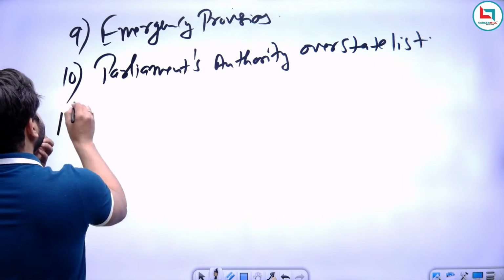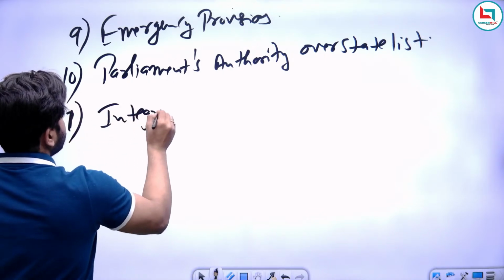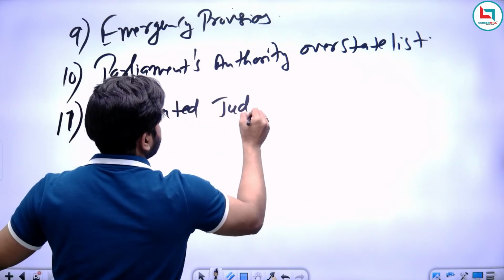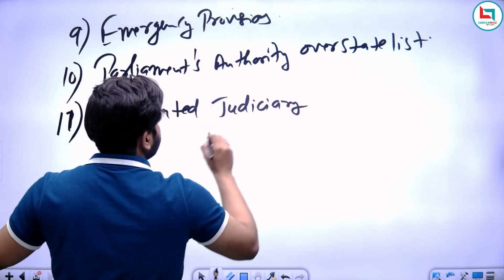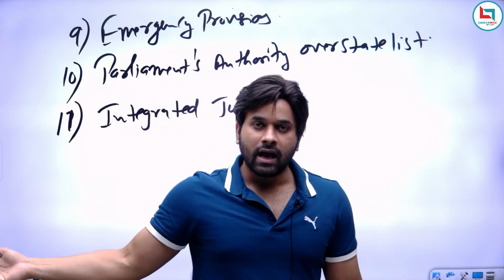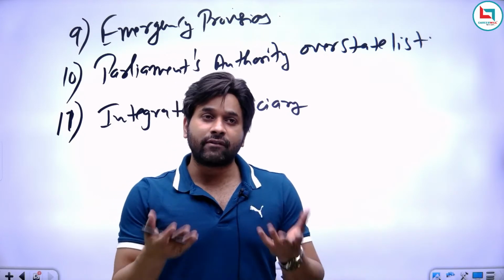Then the 11th feature is integrated judiciary. Why integrated judiciary? We do not have separate judiciary for the center and for the state. I mean, for central law we do not have a separate judiciary, for state law we do not have a separate judiciary.